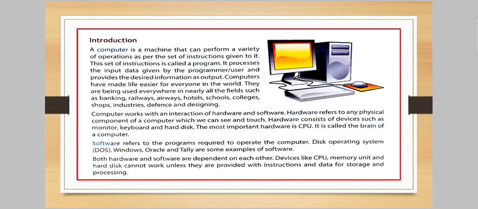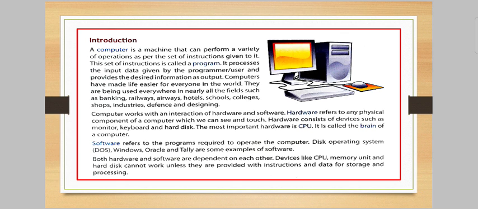That means we all know what is input, process and output. Input means when we give some instruction to the computer in form of data, this is called input. Then computer will process the data. This is called process, and after processing the data the computer will generate a result. This is called output.